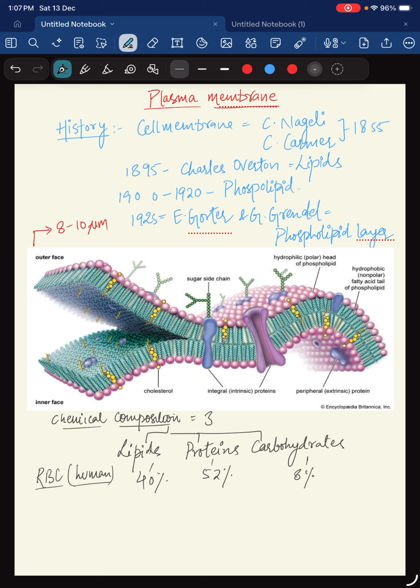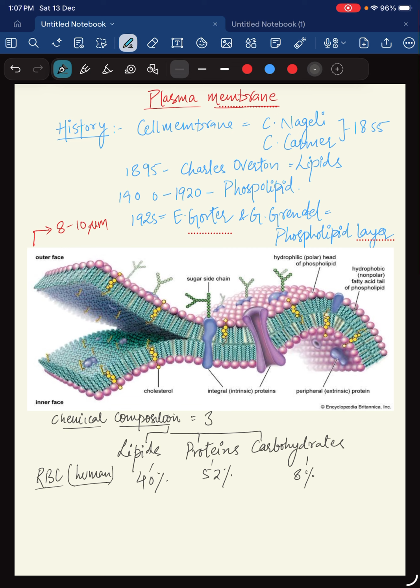Now here you can see the inner face and the outer face of plasma membrane. On the outer face you can see sugar side chains and cholesterol. On the inner face, integral or intrinsic proteins are embedded inside the membrane, and peripheral or extrinsic proteins are not embedded in the membrane but can be present on the outer or inner surface of the membrane.